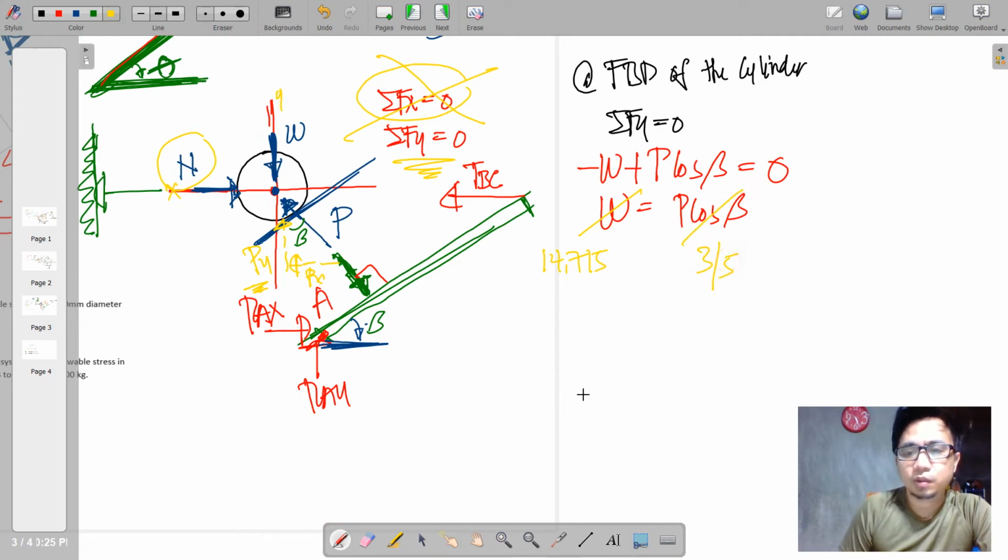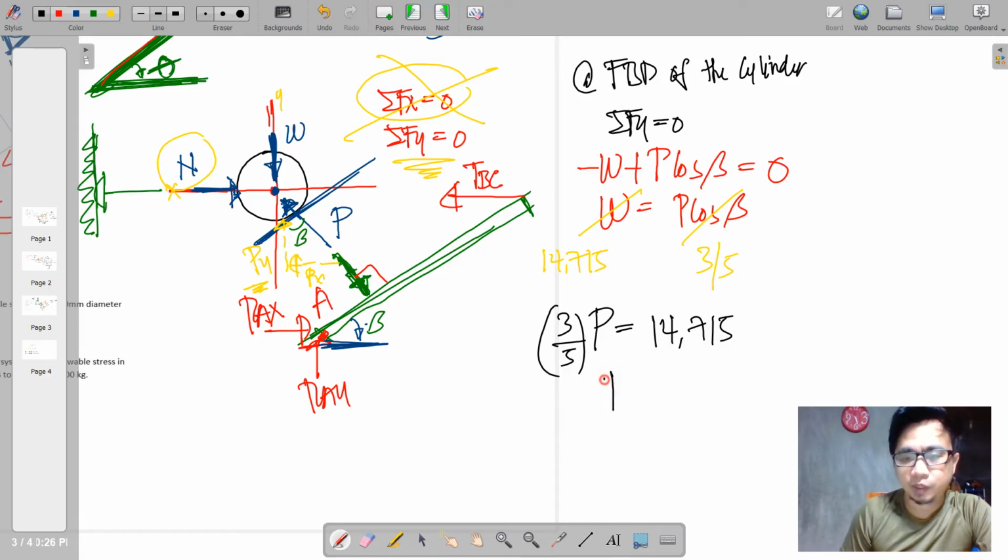So therefore, we can find P. We can write here 3/5 beside P, and then equate that to 14,715.